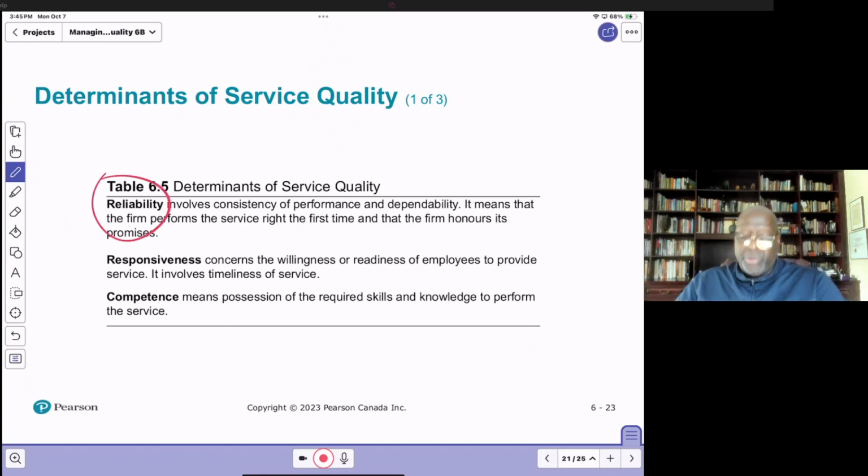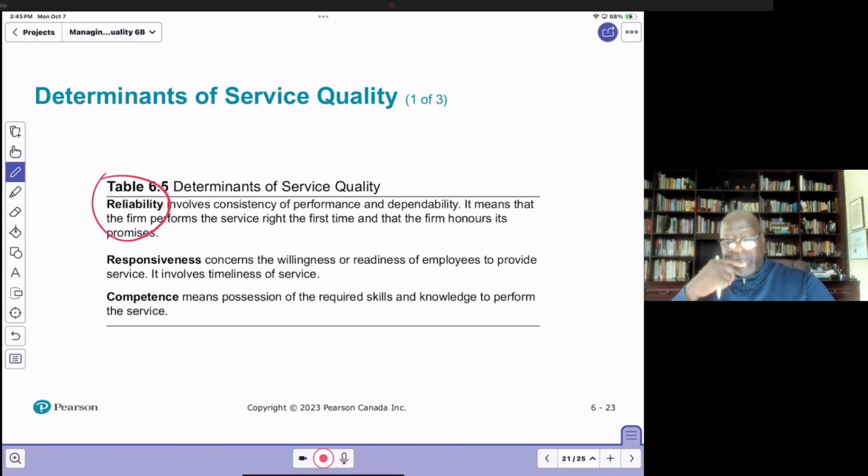Reliability. So the idea that a service is consistent. If you go to your favorite restaurant, on one day you get really great service, and then another day really bad service. The food may vary if they have multiple cooks and one cook decides to experiment a little bit. But sometimes the service you get might vary because you have a different server.